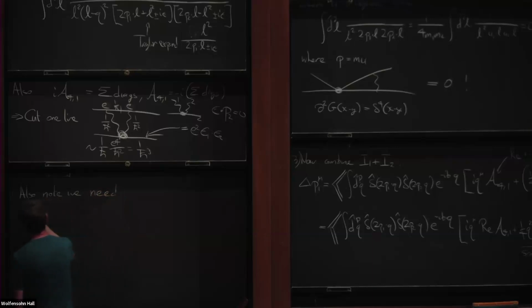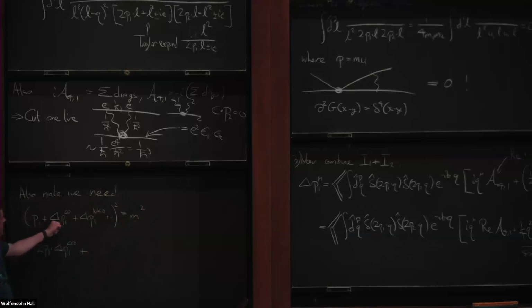So we need P1 plus delta P1, say the leading order plus the next to leading order, these things squared, to be equal to m squared. So that leads to some requirements that, for example, P1 squared is just equal to m squared. So we will need 2 P1 dot delta P1 leading order plus some other stuff.